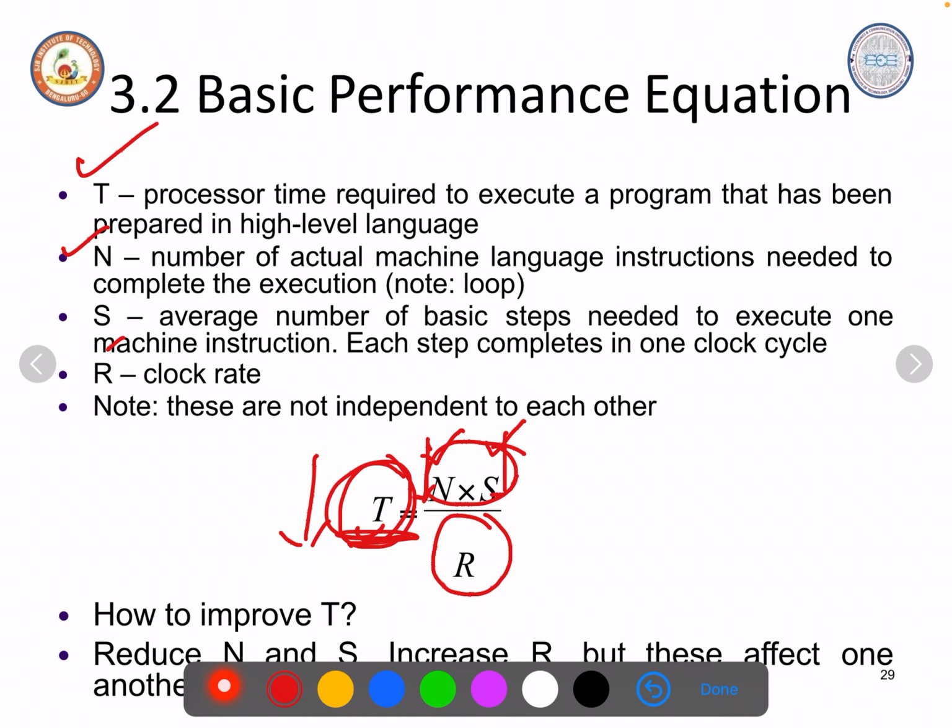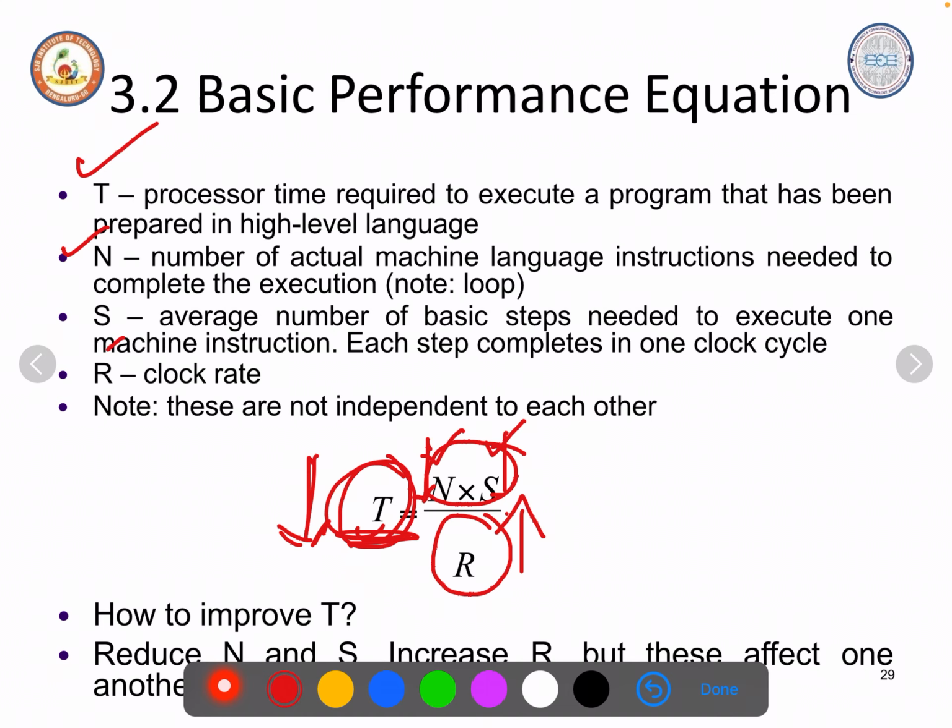And you can see R is inversely proportional. If the clock rate is increased, the frequency of the system is increased, and obviously execution time will also get reduced. So N and S have to be decreased, and you need to increase the value of R.